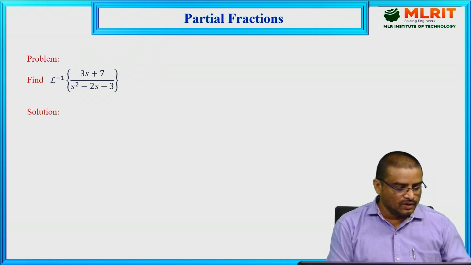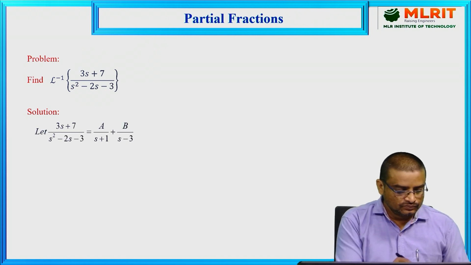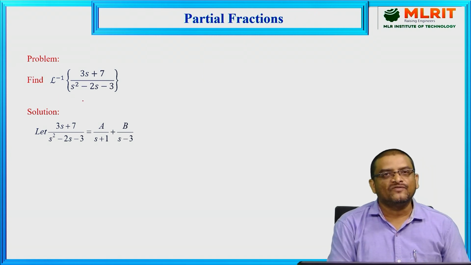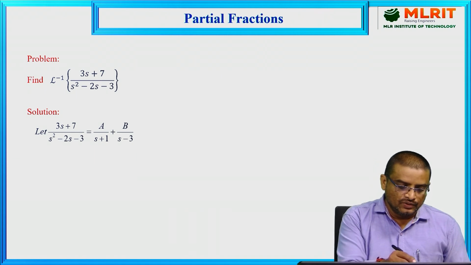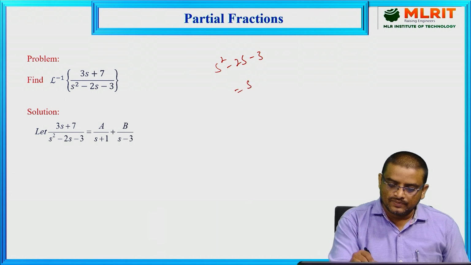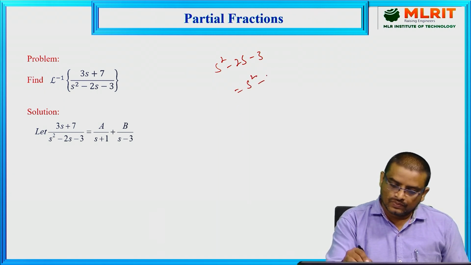Okay, now let us take this function. So now we know how to find the factors for this quadratic polynomial. So you take s square minus 2s minus 3. This can be written as s square minus 3s plus s minus 3.